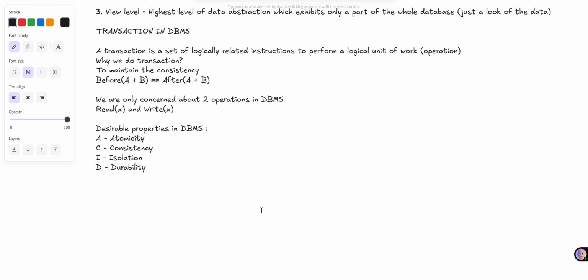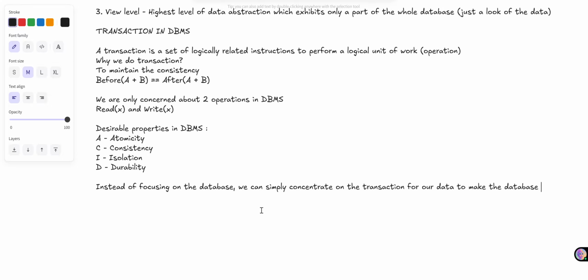So what I can write here is that instead of improving the database and using several properties, we can simply concentrate on the transaction facility for our data to make the database consistent. Remember this.